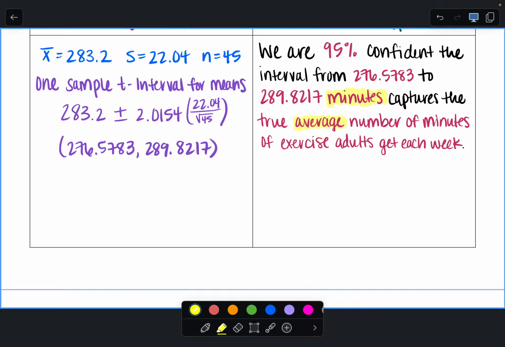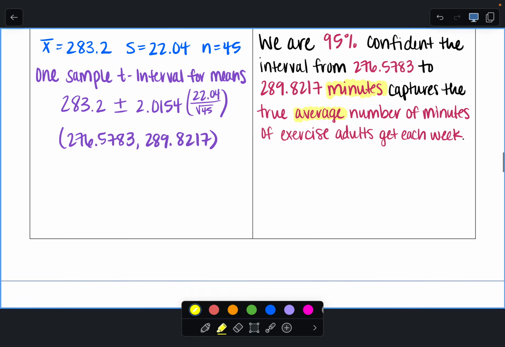So when I look at the formula I am currently using, t-star s over square root of n, I run into an issue, because in order to calculate a t-star I have to know the sample size, because I need a degree of freedom, which is sample size minus 1. And so if I don't know the sample size, I cannot use a t-distribution.